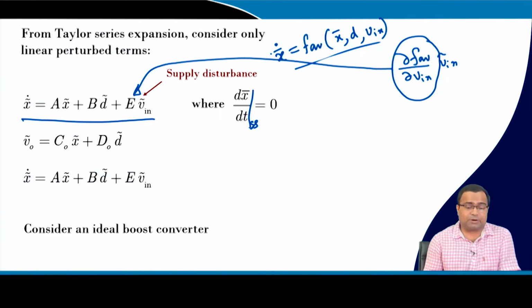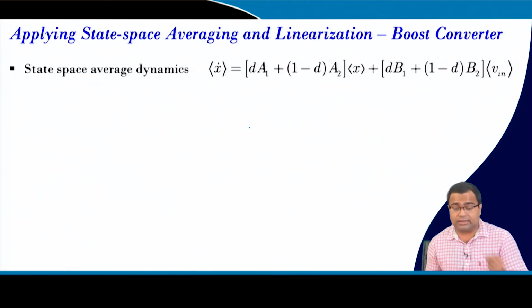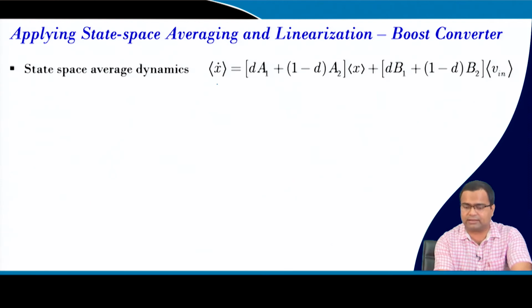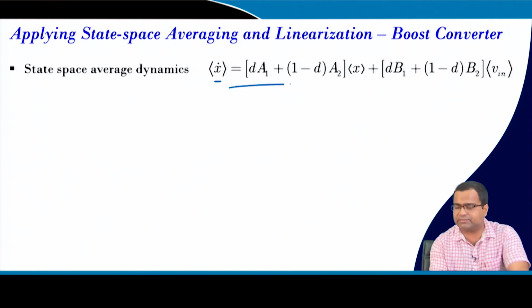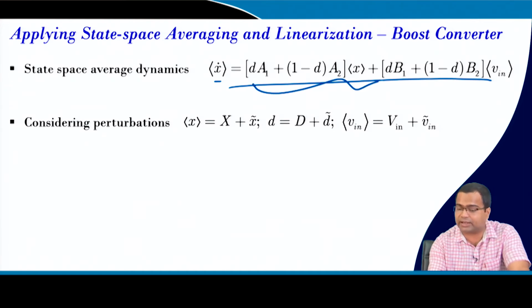So, you can get this perturbation model, and we can take an ideal boost converter. Now we want to consider linearization. That means you take the X average dynamics, and this whole right hand side we call F average, which is a function of X average, and the average D we also replace with this quantity, right.